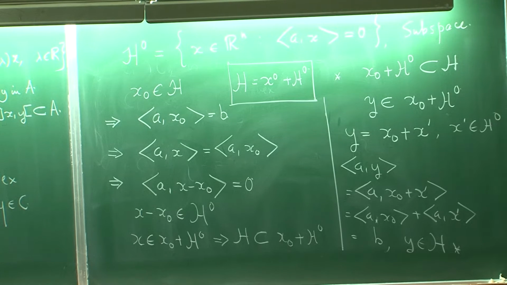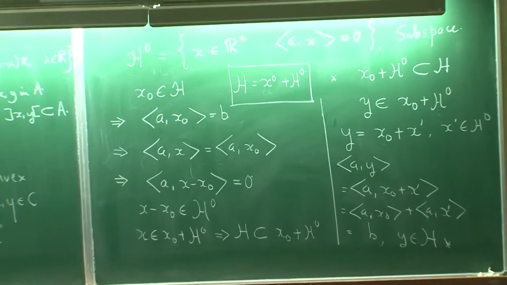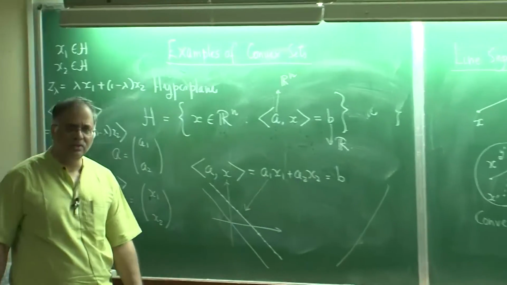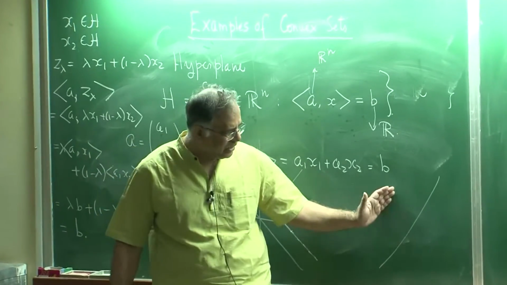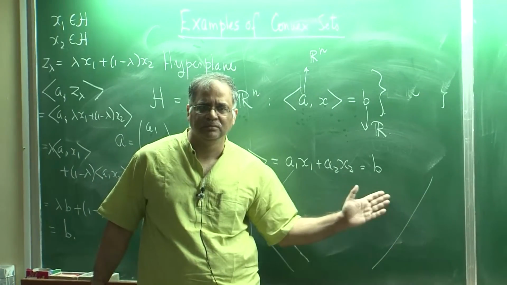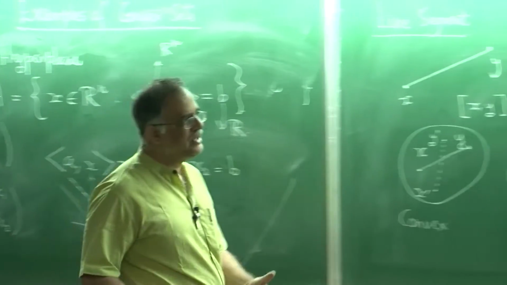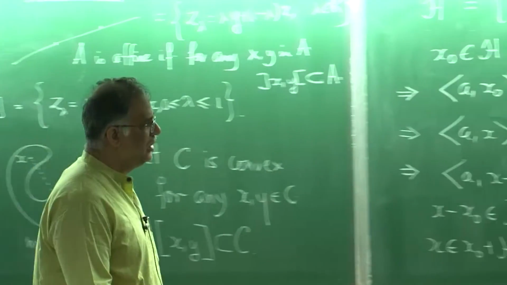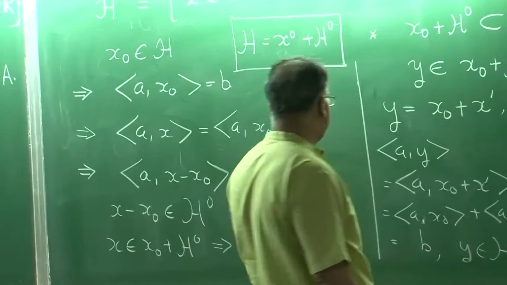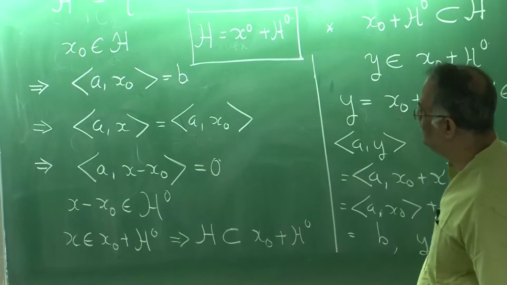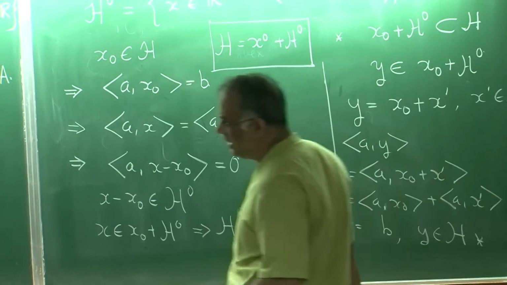Now, if you look at the two-dimensional plane and you draw a line, you will see that it divides the plane into two parts. Each part is called a half space, and these half spaces become very, very important in understanding the nature of convex sets. So, we will now define what are half spaces.